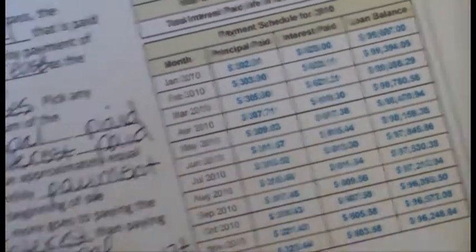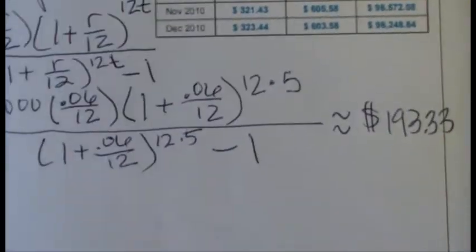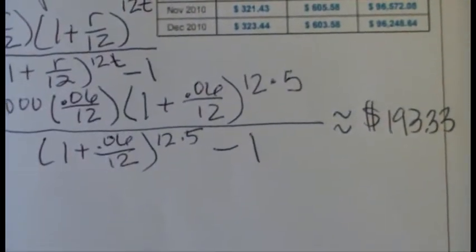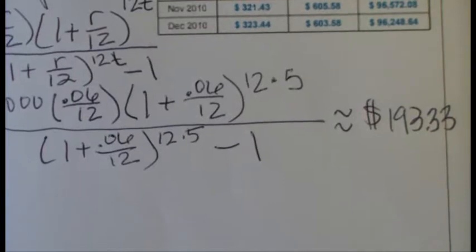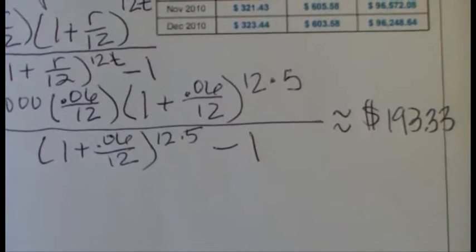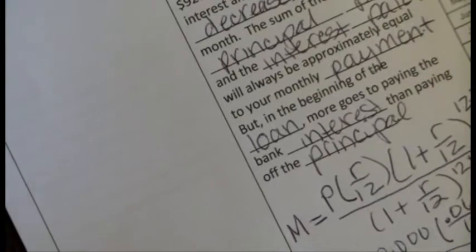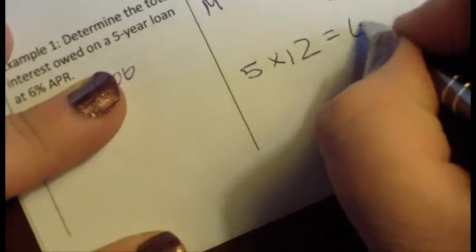$193.33. All right, so now that we know the monthly payment, we're going to take that, figure out how many monthly payments he does in 5 years. So 5 years times 12 months in a year is 60 months.